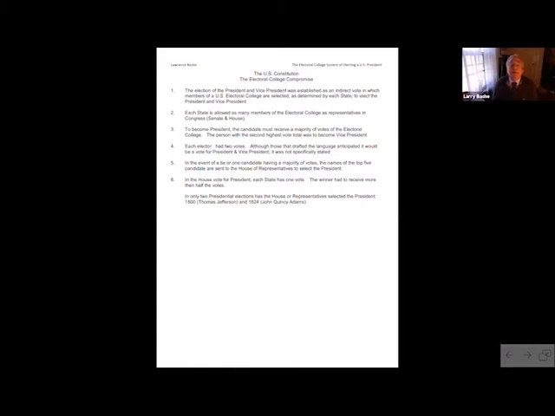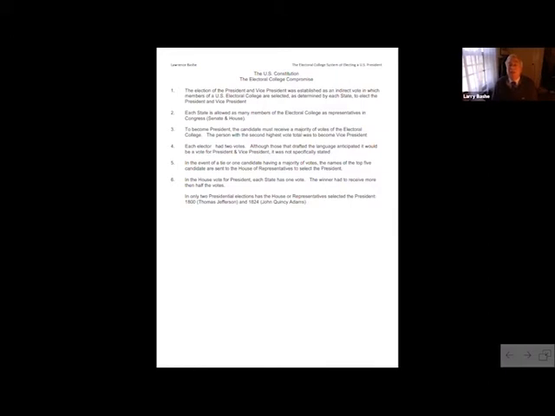In the event of a tie, or one candidate doesn't have a majority of the votes, the original constitutional provision was the names of the top 5 candidates are sent to the House of Representatives to select the president. They didn't really anticipate the development of what we have now, 2 main political parties.